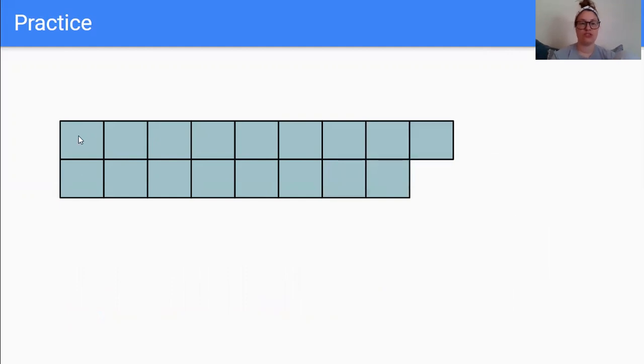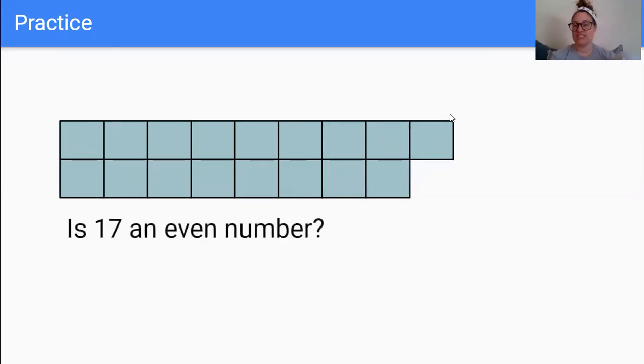Okay, let's skip count. 2, 4, 6, 8, 10, 12, 14, 16, 17. So is 17 an even number? Think in your brain. Is it an even number?